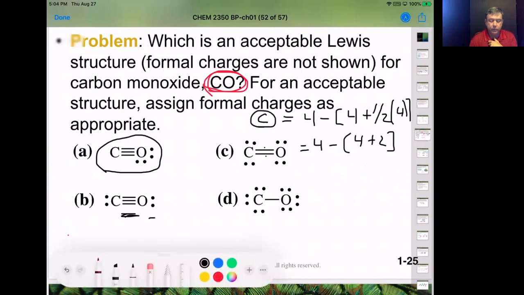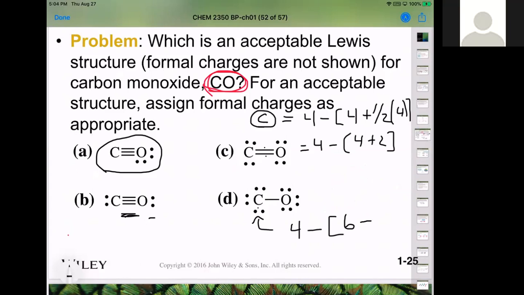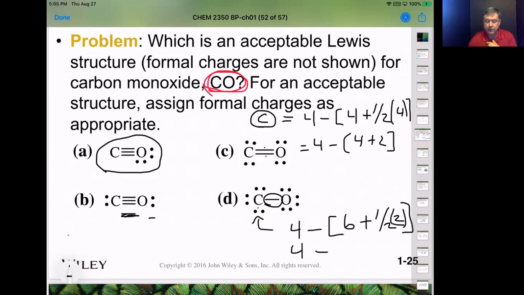For this carbon, we have 4 valence electrons minus 6 non-bonded, plus 1/2 of 2, which gives us 4 minus 7, a formal charge of -3. That's probably not going to work out very well either, because we have a minus charge here. Let's calculate the oxygen, maybe they're equal and opposite.